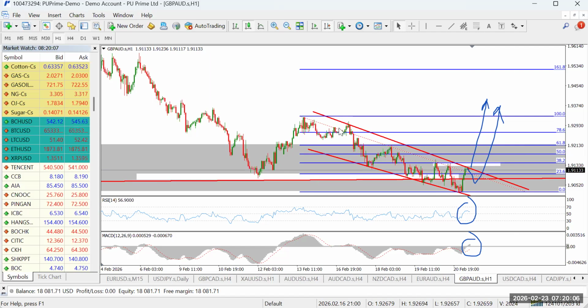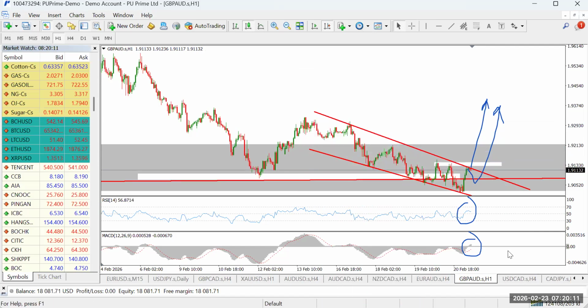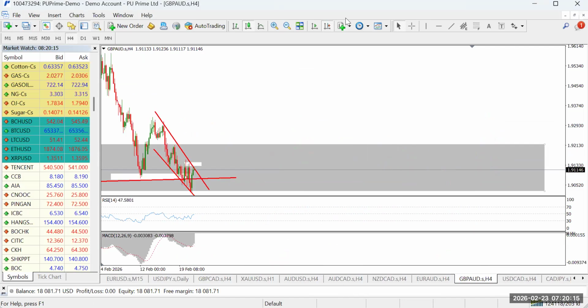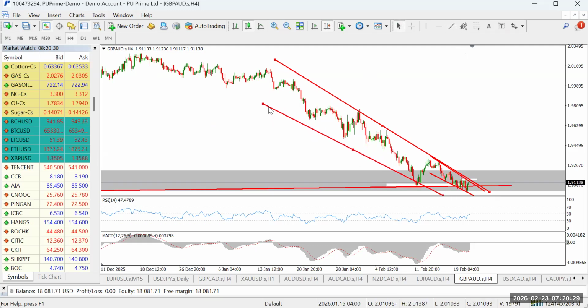And if you're a swing trader, you want more pips to catch, then you can come up to the 4 hour. Now on the 4 hour, if price breaks out to the upside, there's a bigger trend line to break up here, and the second trend line to form a falling wedge pattern.